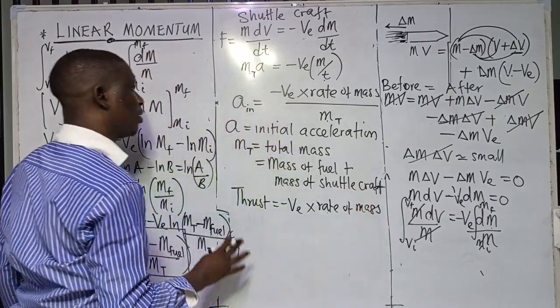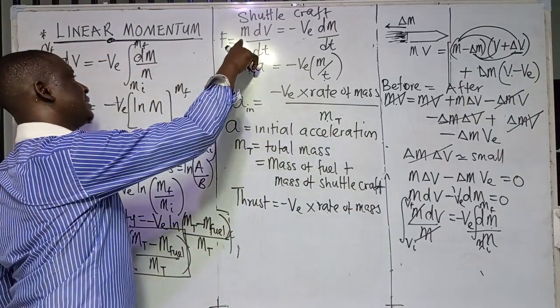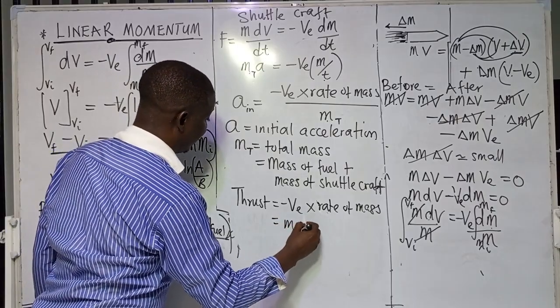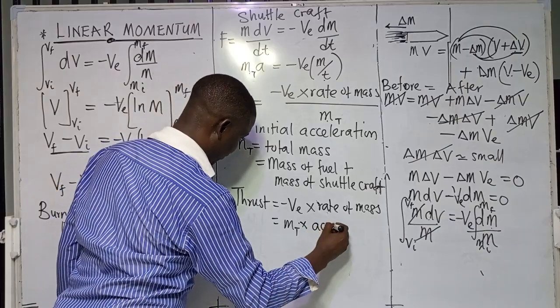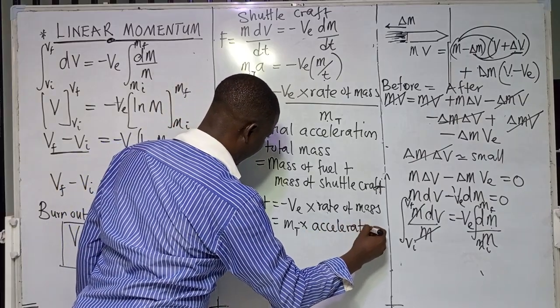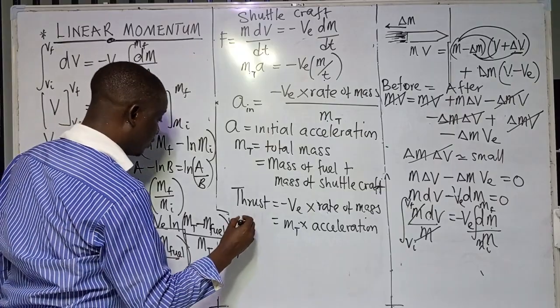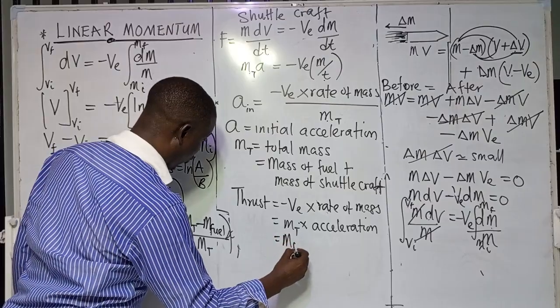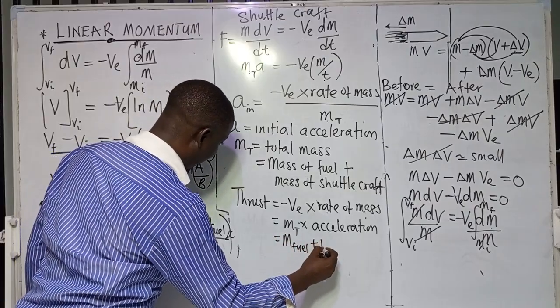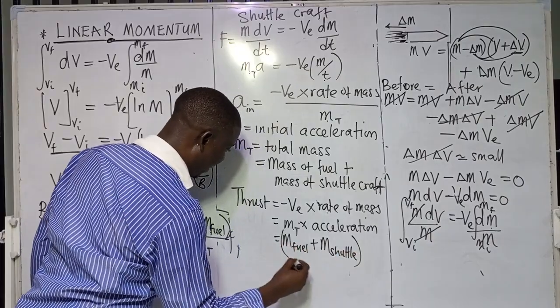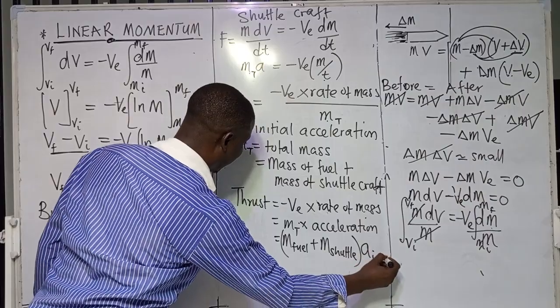But better still, what I will advise us to do is that this is thrust, which is equal to total mass times acceleration. So we can get the thrust by using total mass, which is mass of fuel plus mass of shuttle, then multiply by the initial acceleration.